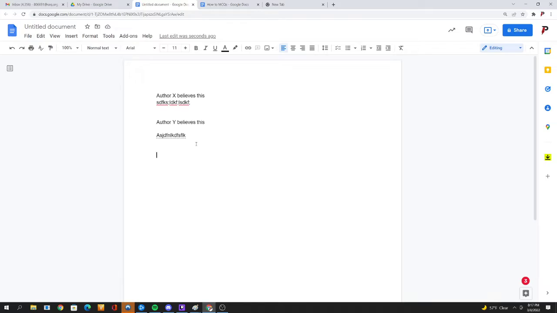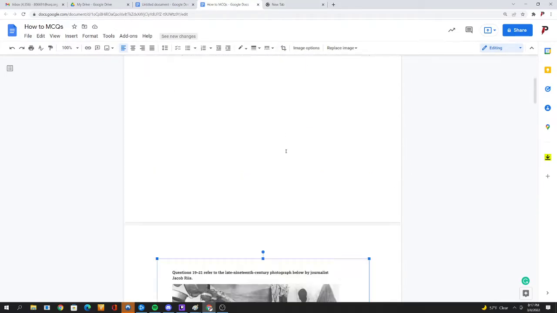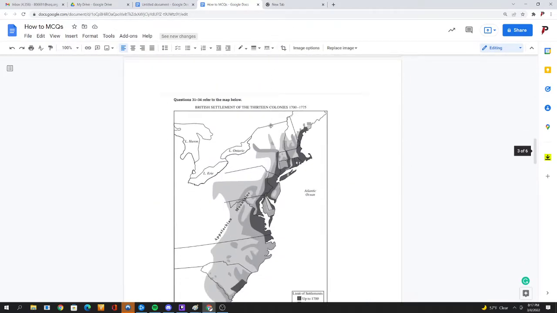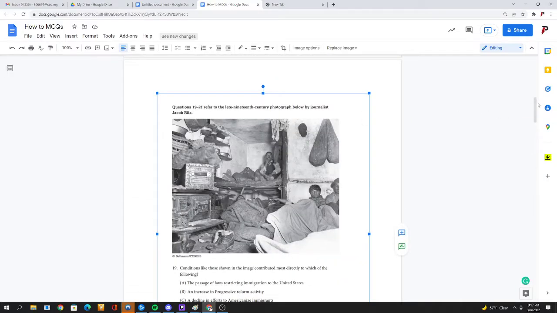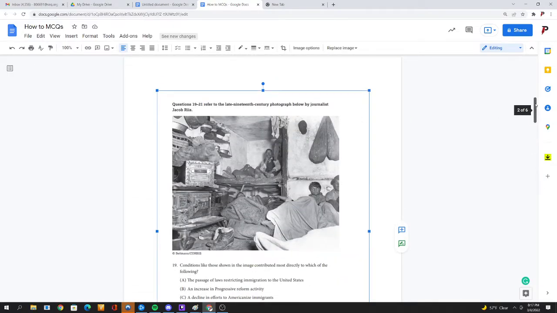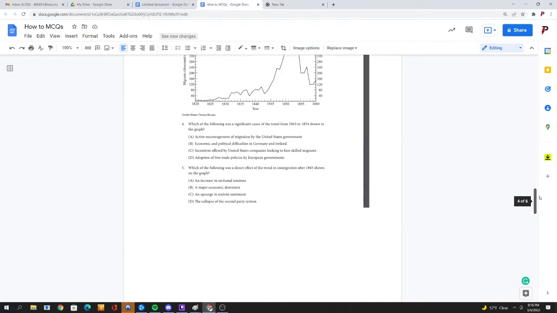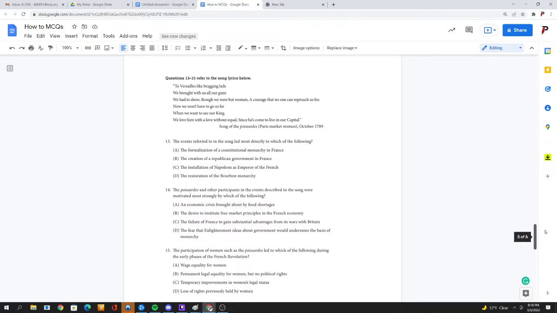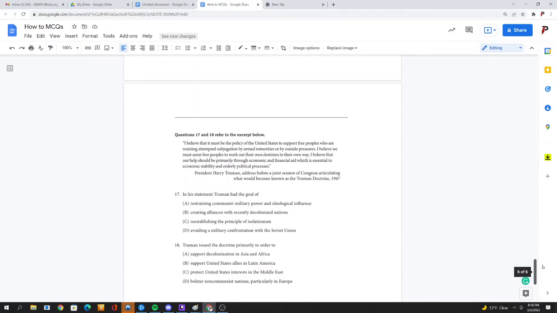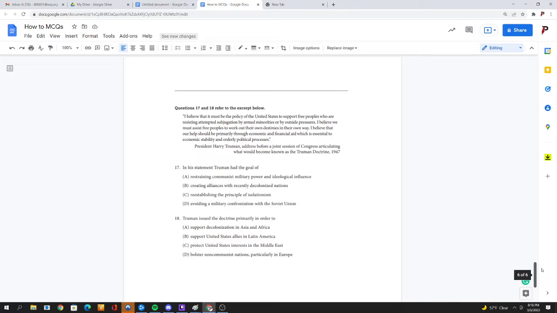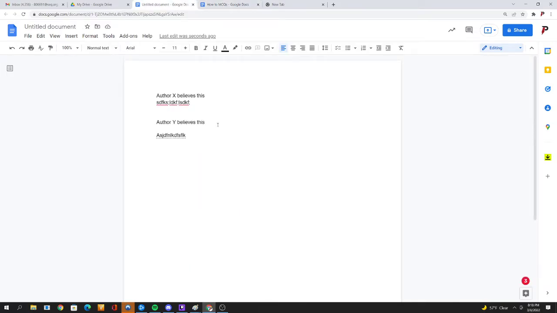I've mentioned essentially all of the ways that a multiple choice question can appear. So again, to recap, you have a photo of an event taking place. You have a map. You have a bar graph, you will have a poem or some form of literary thing, and you will have a passage or 2 authors talking about a similar event.